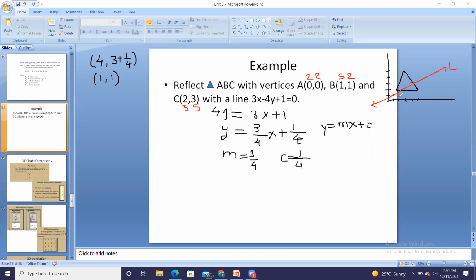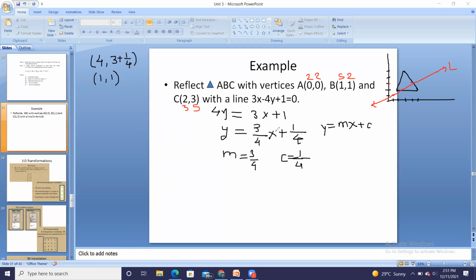Now this line, I have rearranged the terms and I have got 4y this side and 3x plus 1 this side. So 4y equal to 3x plus 1 is the expression I have received. Then I have divided every term by 4. So I am getting y equal to 3 by 4 x plus 1 by 4. Up to this, is there any difficulty?